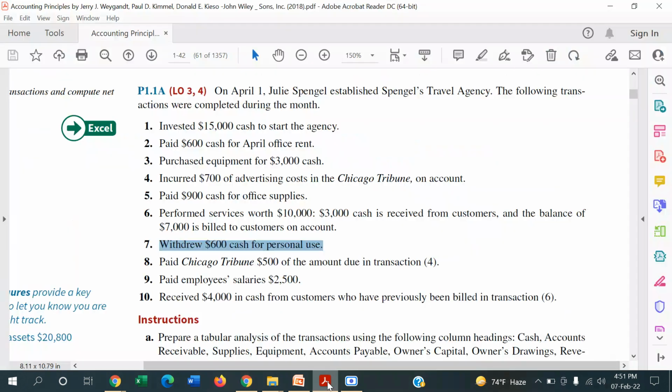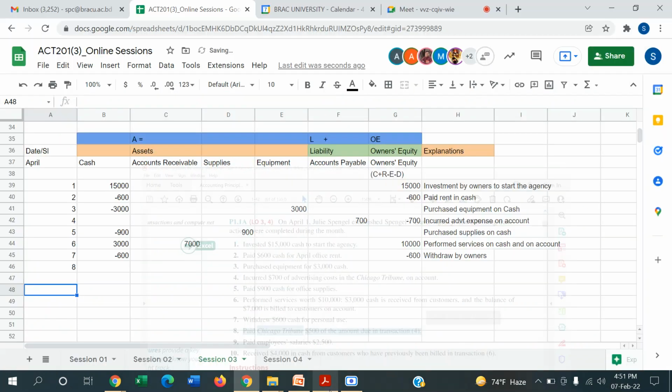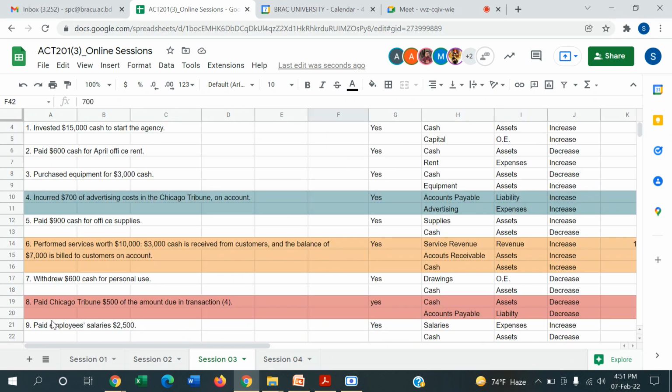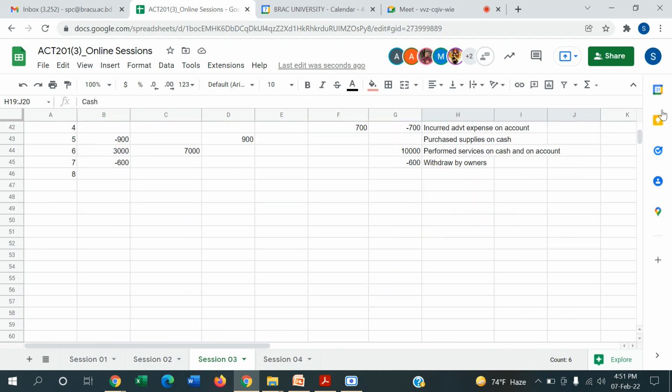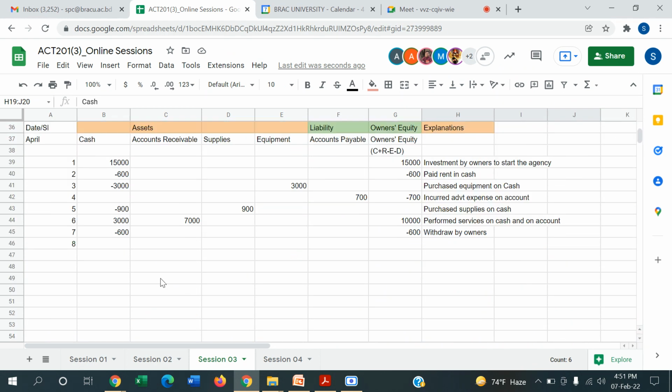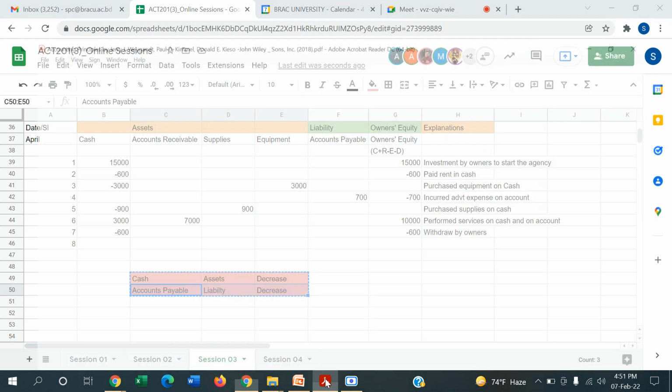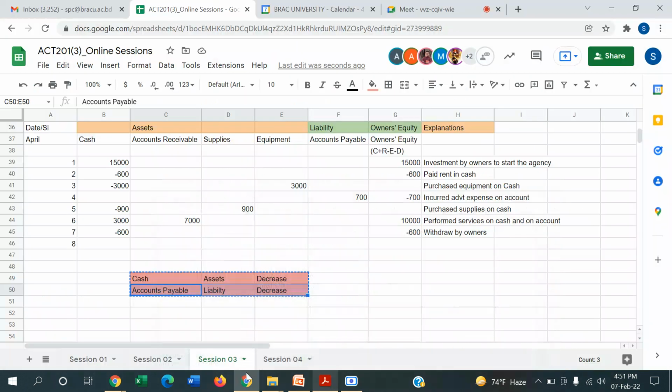Number 8. Paid Chicago Tribune 500 for the amount due in transaction 4. In transaction 4, you have taken an advertising service, you have not paid it at that time. Now you are paying. Cash and accounts payable will be affected. We already have made that analysis, and you mentioned that cash will be reduced, accounts payable will be reduced by 500.